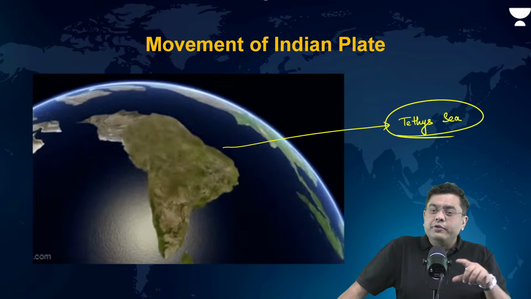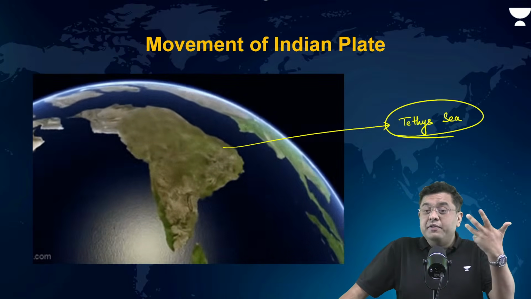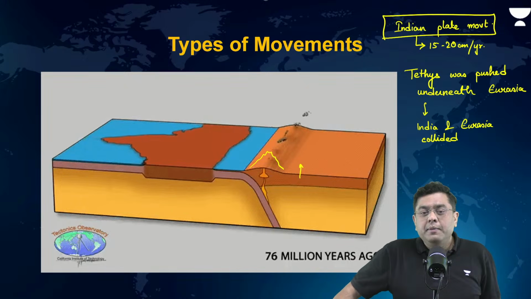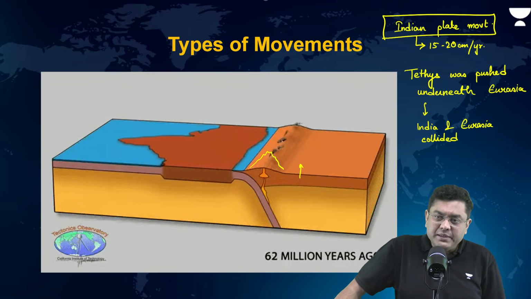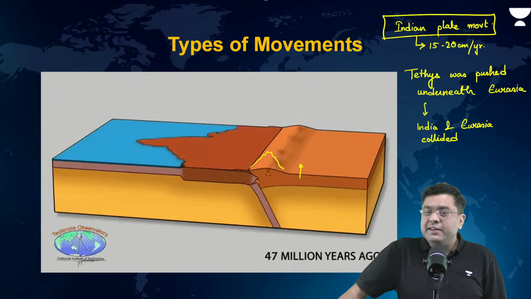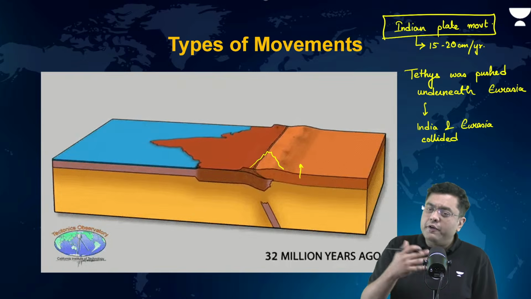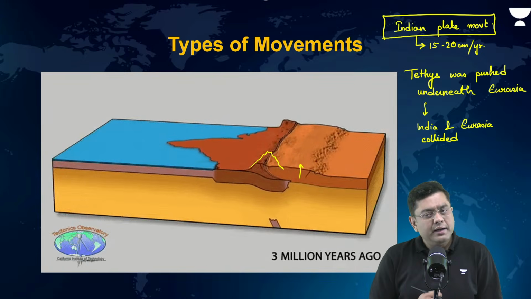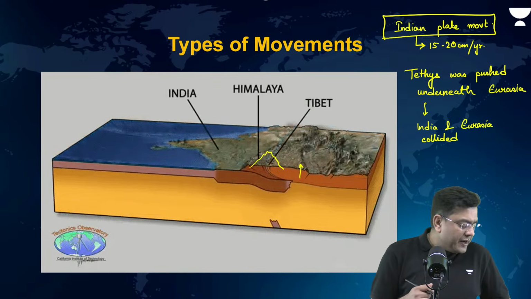Okay, so these are the evidences which have helped scientists formulate how this entire process has happened. So initially Tethyan sea floor and the Eurasian plate, continent-ocean, then you had continent-continent. That brings us to the end of the discussion.